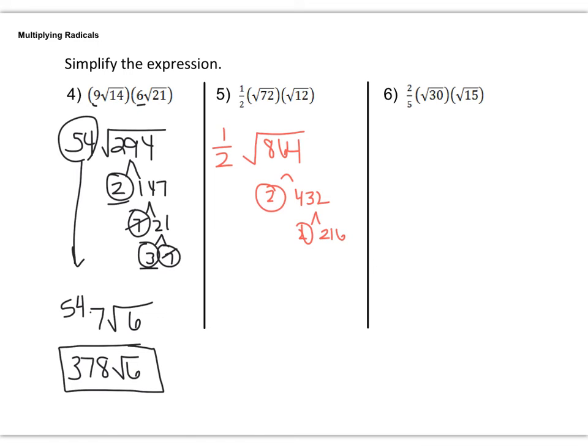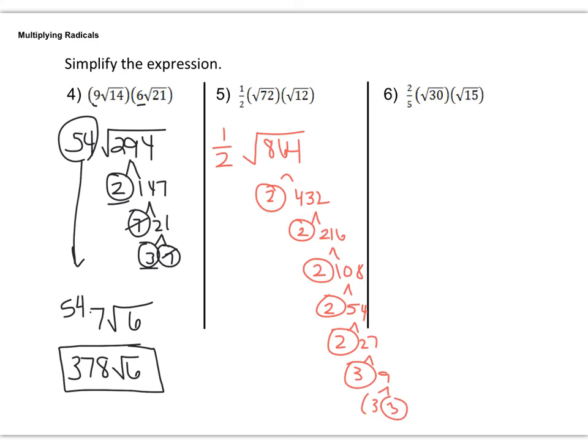Oh, I totally missed my 2. Oops. All right, and then that would be 2 and 108, which is 2 and 54, 2 and 27, 3 and 9, 3 and 3.